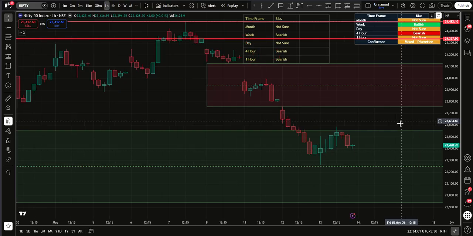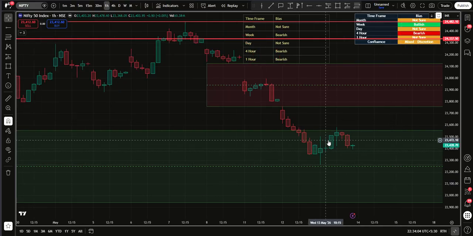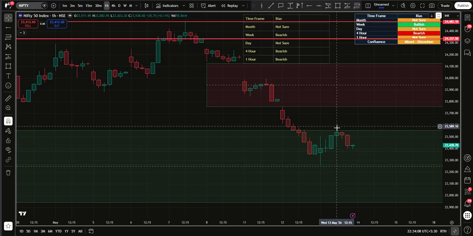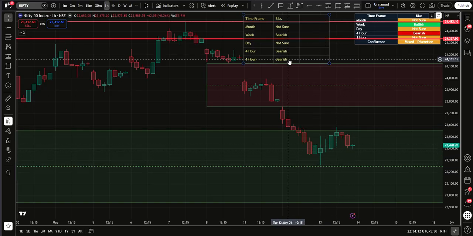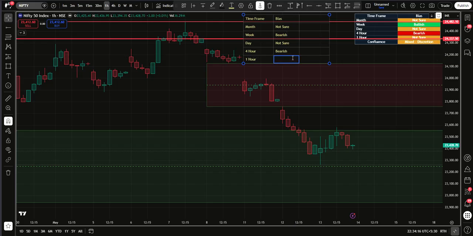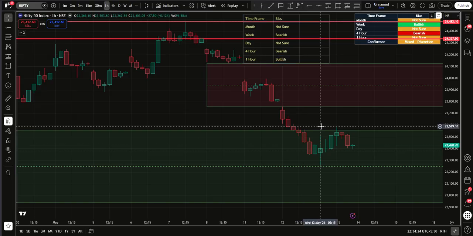Oh, no, it is not bearish. My mistake. Now, if you see here, this is a swing high. That high is invalidated. This is a swing low, and this is a higher low. So on an hourly time frame, Nifty is bullish. In these times, I do not know if the bias on the smaller time frame matters, because it is all major violent movements on macroeconomic events.